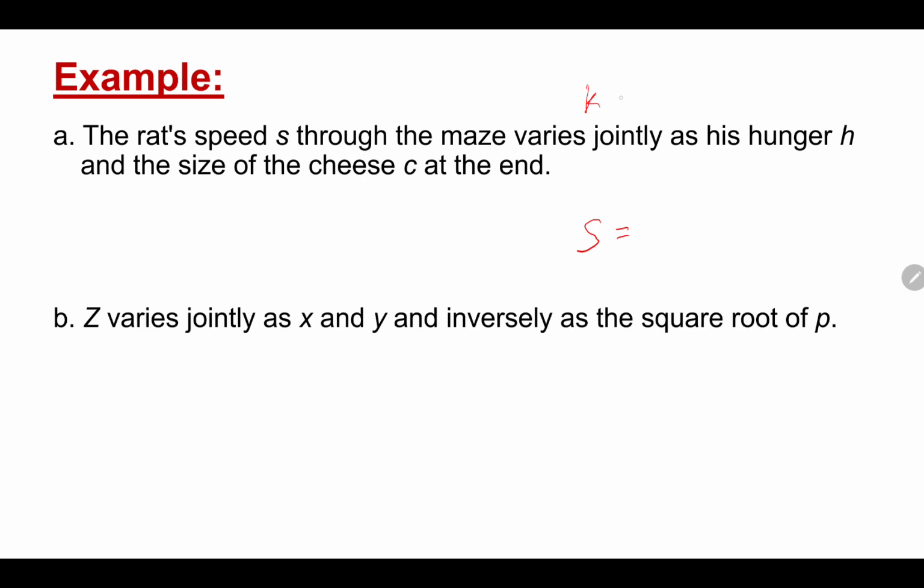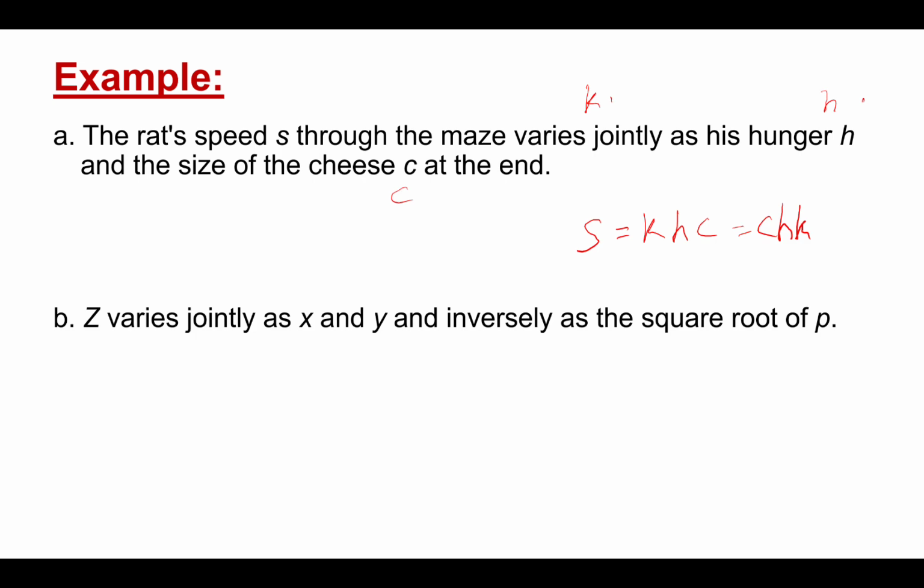So that's my K happening with his hunger, H, and the size of the cheese, C. So all of this is multiplication. So we end up with K, H, C. And because we want to be polite, we always want to put it in alphabetical order, which is C, H, K. That's really not necessary, but the idea is the same.